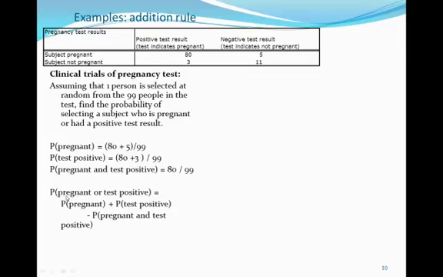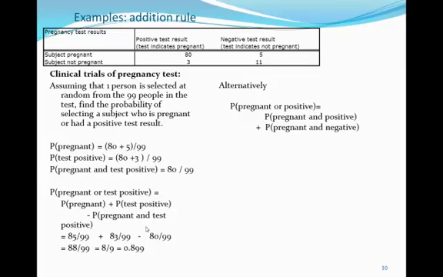So probability of pregnant or test positive equals probability of pregnant plus probability of test positive minus probability of pregnant and test positive, which equals 85 over 99 plus 83 over 99 minus 80 over 99, which is 88 over 99. And the final result in decimal is 0.889. Alternatively, you can do this, right?